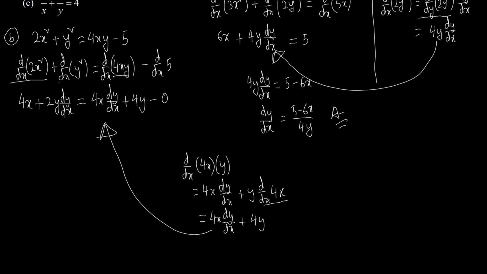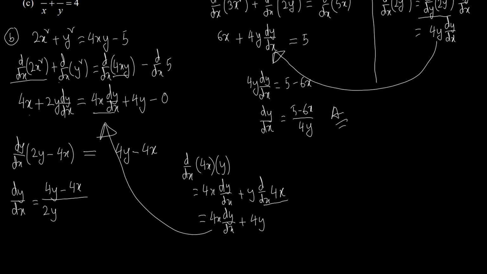Now let's make dy by dx the subject. Taking dy by dx on the left side and taking it common, we get 2y minus 4x, and we keep the other things on the right side, which is 4y, and the 4x we take to the right side, which is minus 4x. So dy by dx equals 4y minus 4x divided by 2y minus 4x.